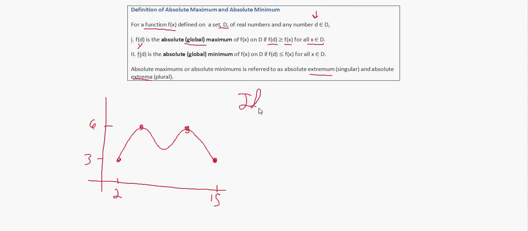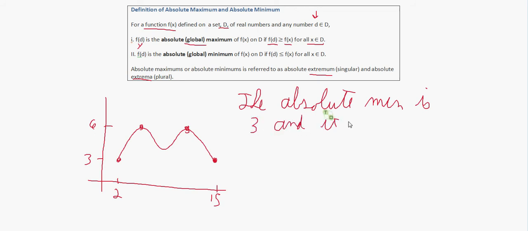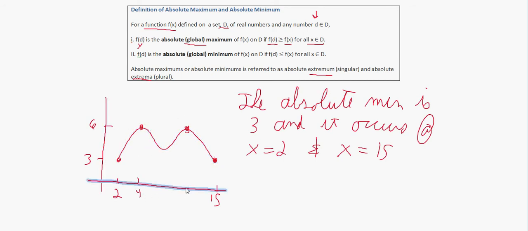So the absolute min is 3. So that's the lowest y value, and it occurs at x equals 2 and x equals 15. There you go. And the max, the same thing. The absolute max would be 6, and that would occur at, I don't know, 4 and 8.